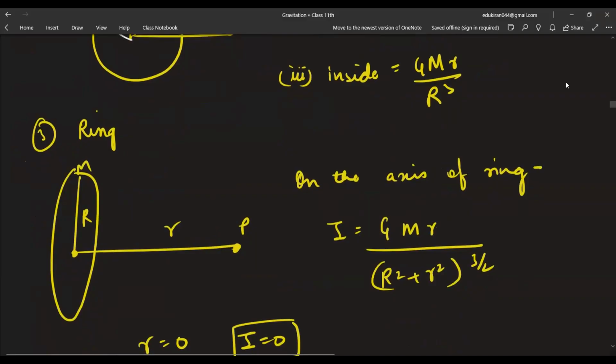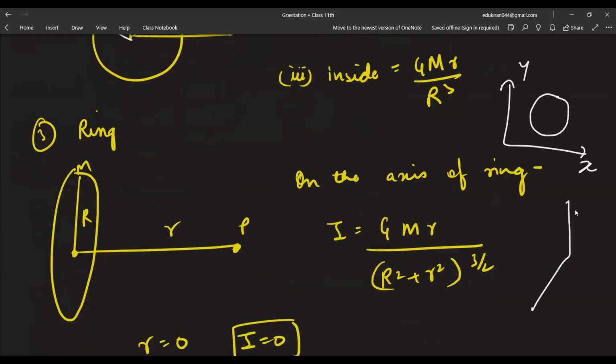Now for the ring, on the axis of a ring. See, this is in which axis? When you have this circle, this is your x, y axis. And when you have this y and z like this, this becomes your yz plane.